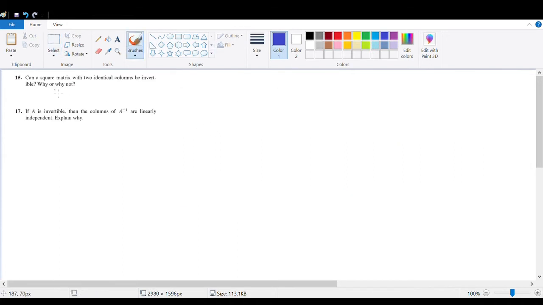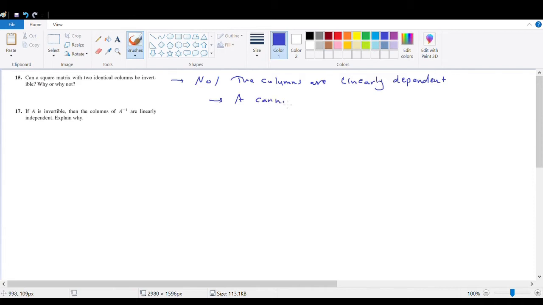In 15, can a square matrix with two identical columns be invertible? Why or why not? We say no, because if two columns are identical, that means the columns are linearly dependent, so A is not invertible.